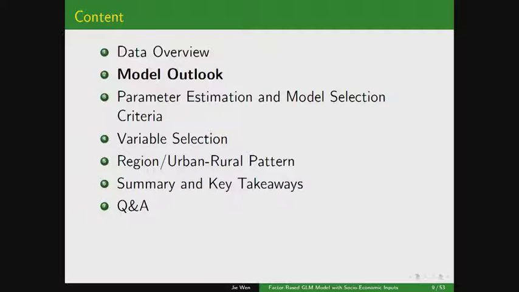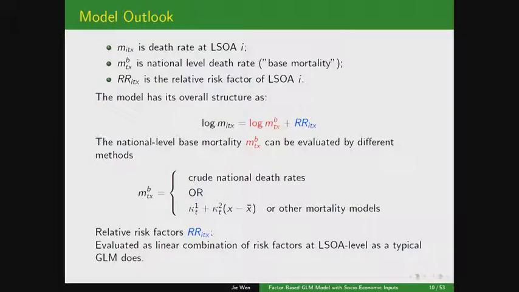So next, let's look at what the model looks like. As I mentioned before, it follows a top-down approach, starting from the national level down to the RSOE level. We start from m_ixt, the death rate at RSOE i, which is calculated by d_ixt divided by E_ixt. And m_bxt is the overall national level death rate, which is the same over all RSOEs.